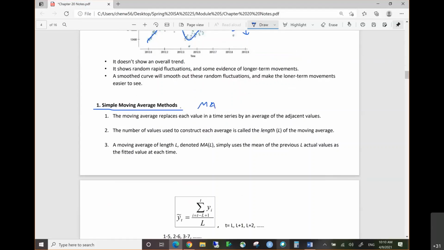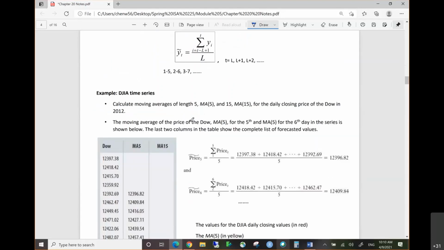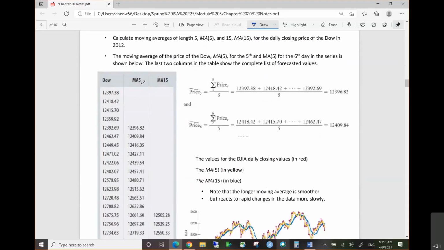For the simple moving average method, first we need to define L, the length of the average. For example, for MA 5, L equals 5. If I want to calculate the estimated value of y, I need to start at this point and go until I get 5 of them.